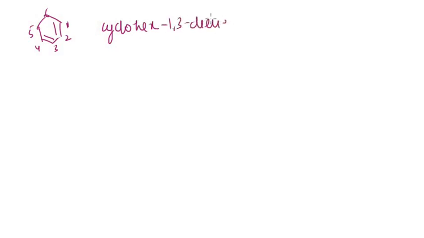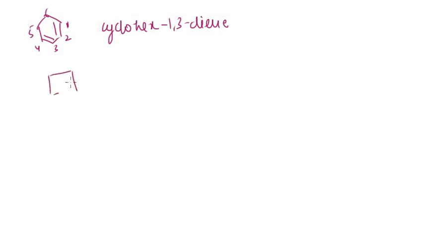Now if I name it 1 2 3 4 5 6, 2 4. Wait, it is the suffix, so I can't write initially 2 4. Let's say I am writing cyclohex 1 3 diene, cyclohex 1 3 diene.